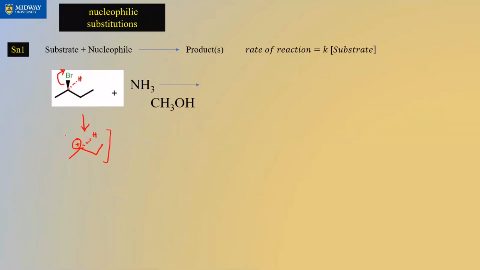This is the intermediate carbocation. Then the NH3 attacks, since it contains the lone pair. It attacks as the nucleophile. Now, you cannot always put OH. This is a protic solvent, and this is a weak base. In water, we left out a hydrogen and ended up with OH.